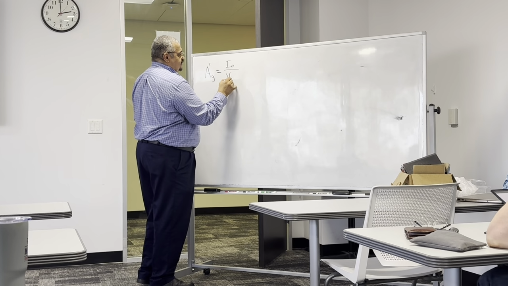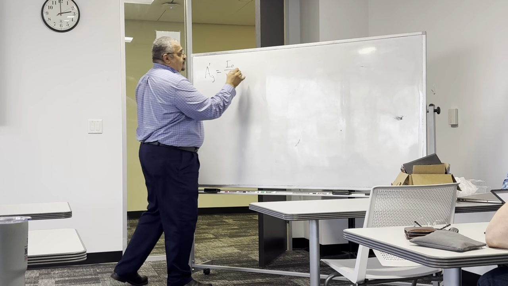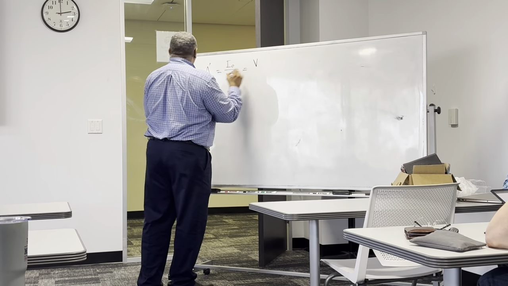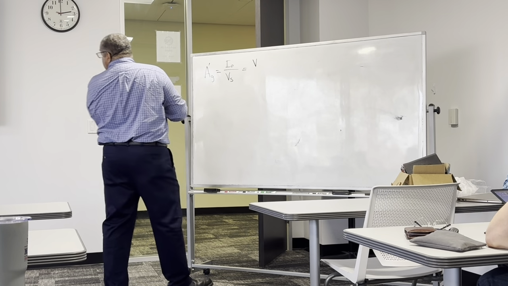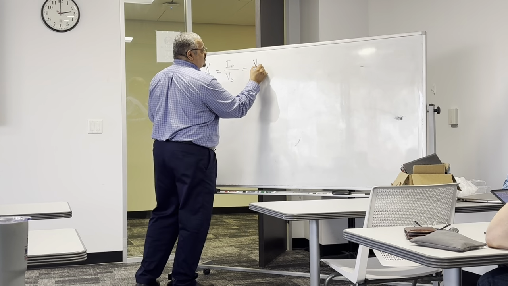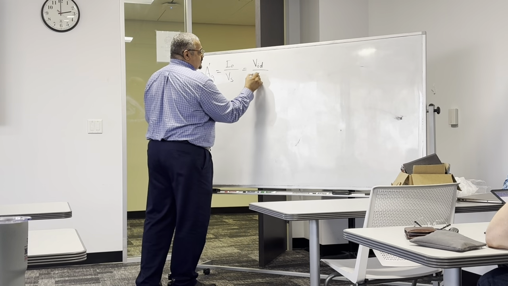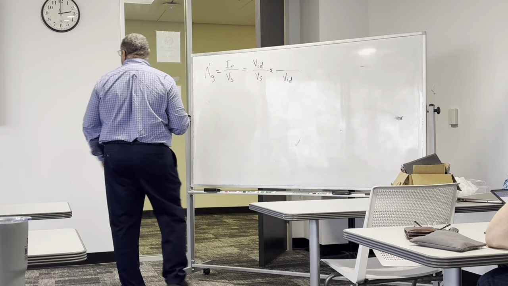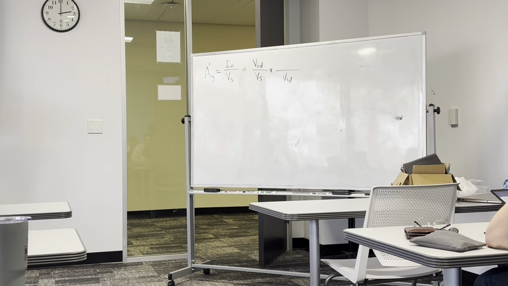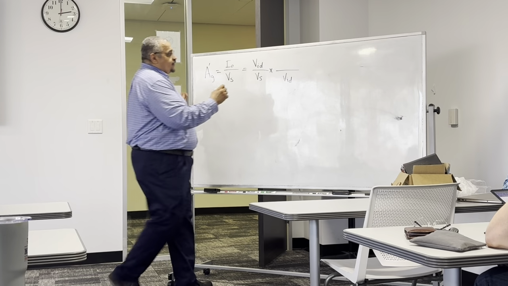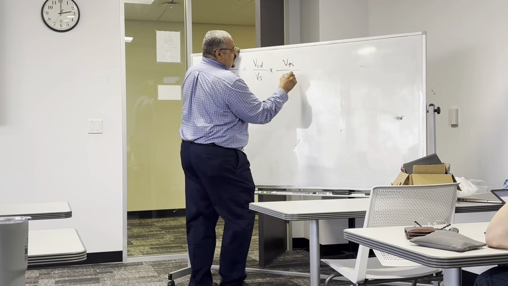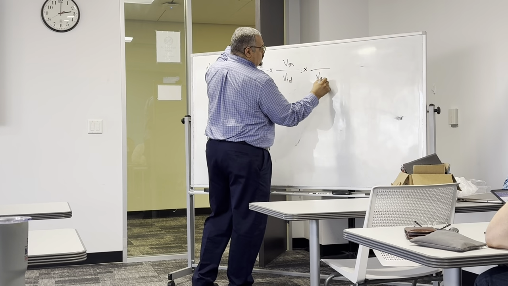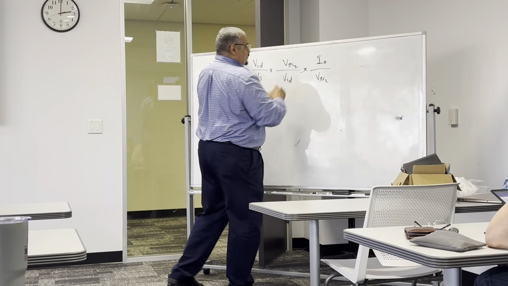What's the input quantity? That's a voltage. Then we can divide it into stages. It's I differential divided by VS, times something over VI differential, which is going to be this voltage, VGS2. And the final stage is times something over VGS2, which is I out.